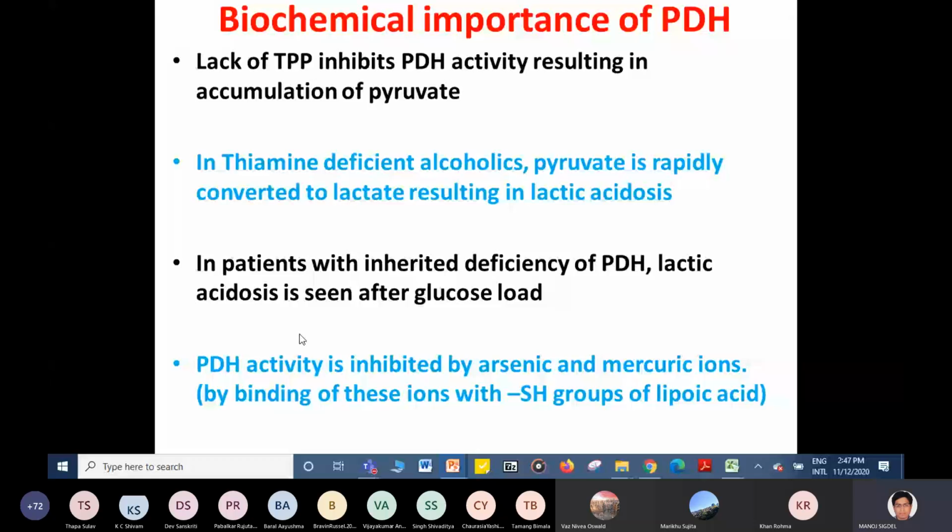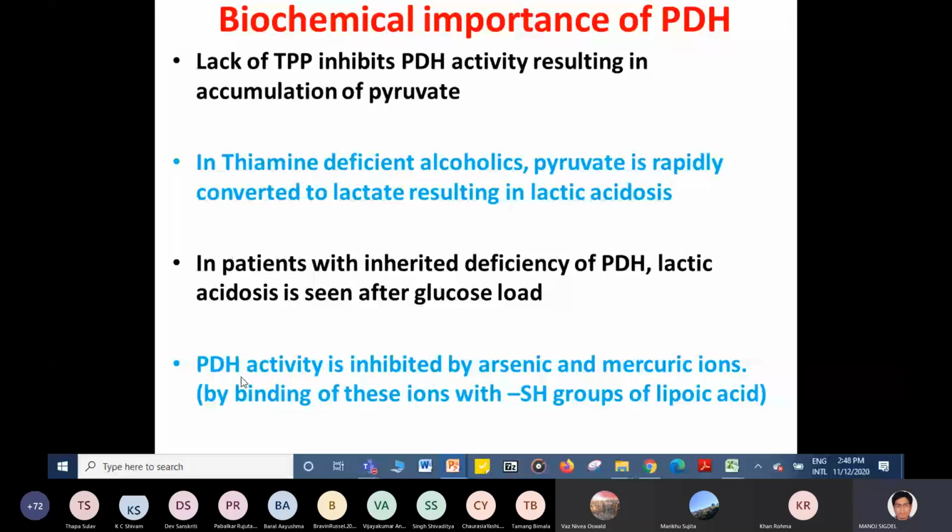In patients with inherited deficiency of pyruvate dehydrogenase, lactic acid is seen after the glucose load. Because in the same condition, if you give more amount of glucose, then what happens? Due to the deficiency, the pyruvate cannot be converted to acetyl-CoA, so it results in lactic acidosis.